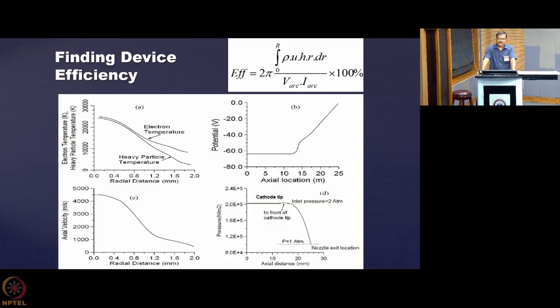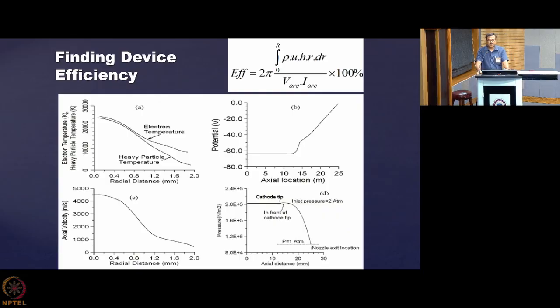So you know that u is the axial velocity. With this velocity the jet is coming out. Now u is the velocity, the distance it travels in 1 second.